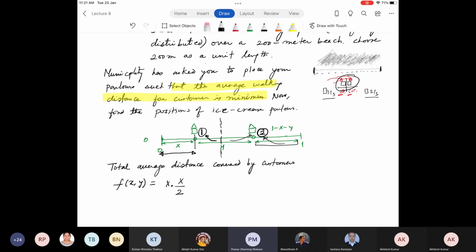See, the way you have got the average distance, each person is walking x by 2. Since they are uniformly distributed, that means there are x persons. So x persons will walk x into x by 2. Is it clear to all of you? Whoever it is not clear to, please feel free to discuss with me.